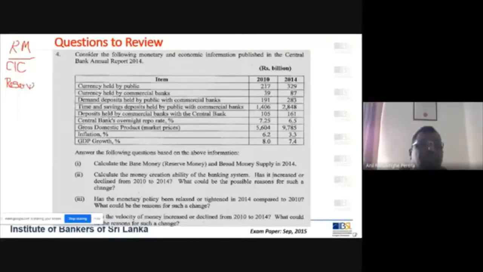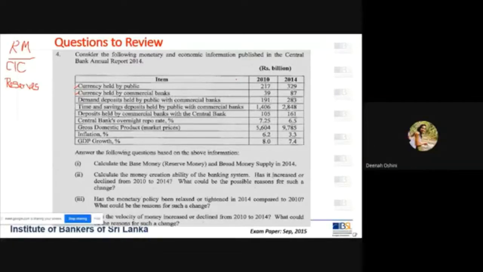So somebody told me, I'm not so sure who has answered, but somebody told me, okay, you take currency. Now, if you take currency, we are given two types of currency components here: currency held by public, currency held by commercial bank. Which component should we take here for reserve money?